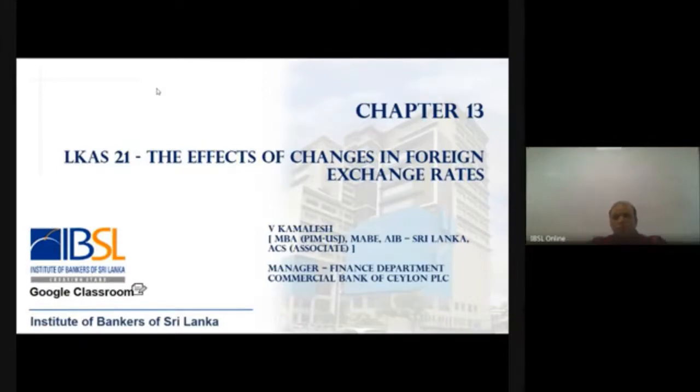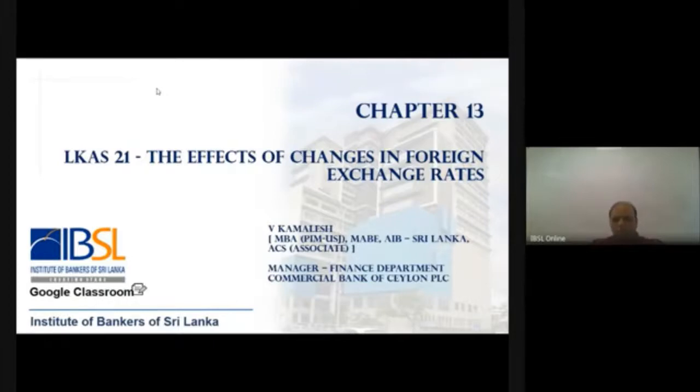So when it comes to financial reporting, we cannot be reporting in all these currencies, where you report certain amounts in rupees, certain amounts in dollars, certain amounts in euro. No. Financial statements have to be presented in one currency. That is the norm.